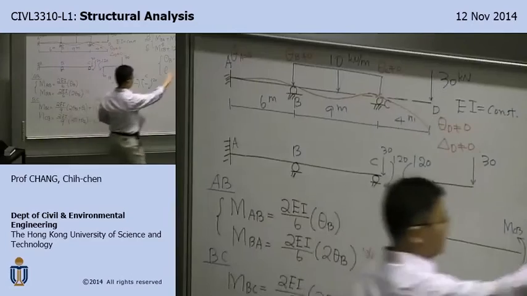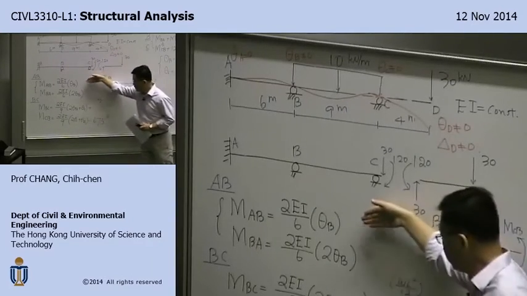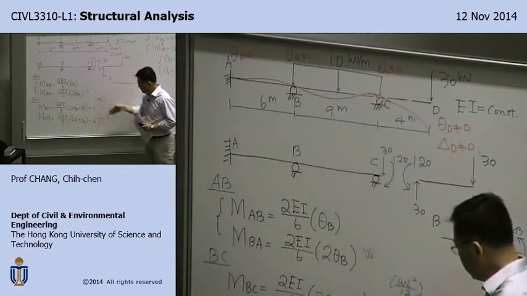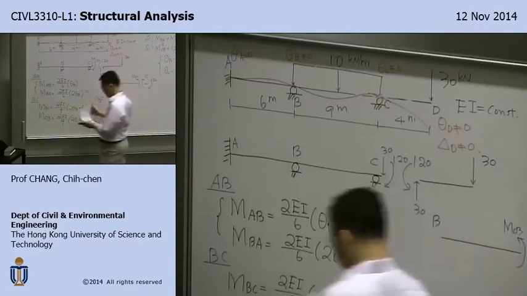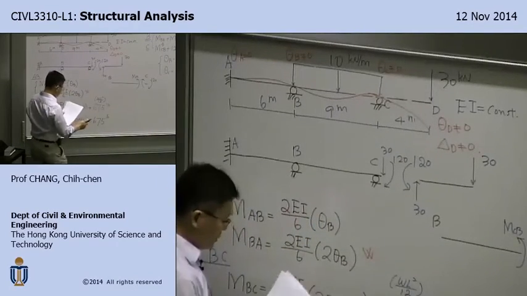So you take these two values, and then go back to the slope deflection equations, substitute them in. Then you have all the end moments.